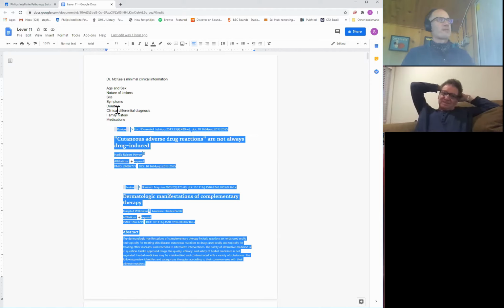Clinical differential diagnosis, maybe, because that's a checkbox in the EMR. Family history, never. And medications, I would say close to 100% of the cases that come with rule out drug eruption somewhere in the clinical history don't actually have the suspected drug.